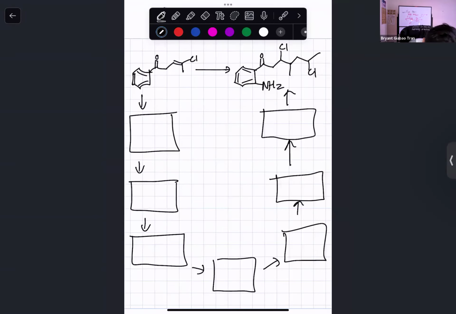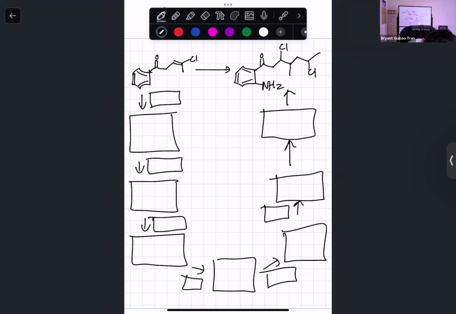It's going to be 7 intermediates. Eight steps, 1, 2, 3, 4, 5, 6, 7, 8.